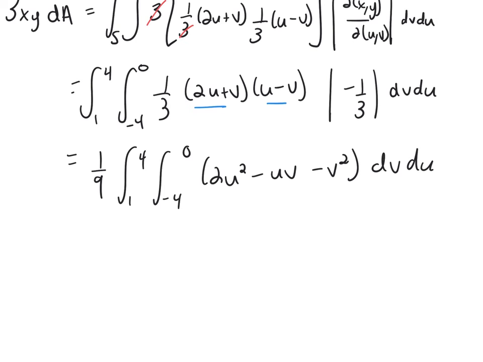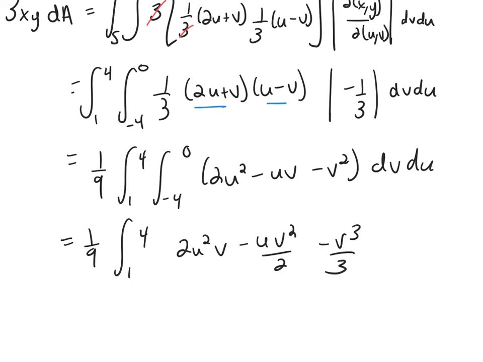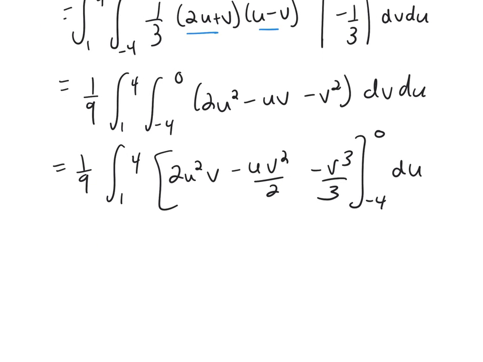So you're going to get a 1/9, the integral from 1 to 4, integrate with respect to v first, 2u squared v minus uv squared over 2 minus v cubed over 3 from negative 4 to 0. So remember, you plug in top number.